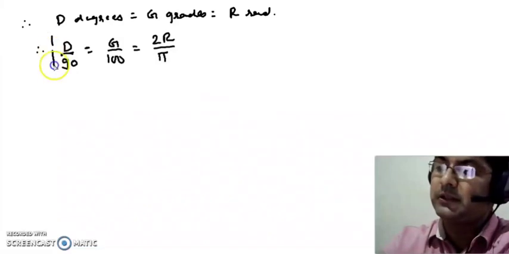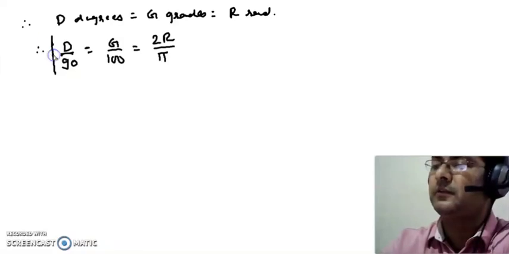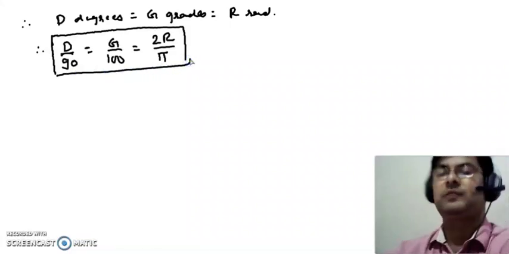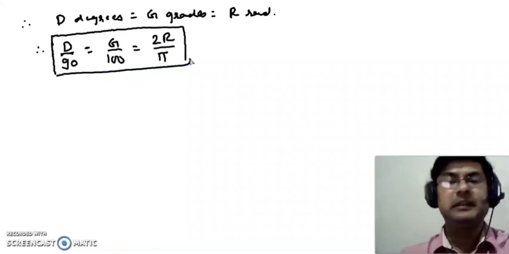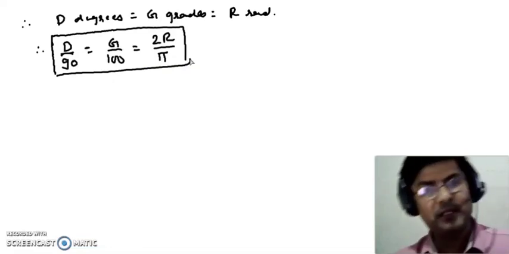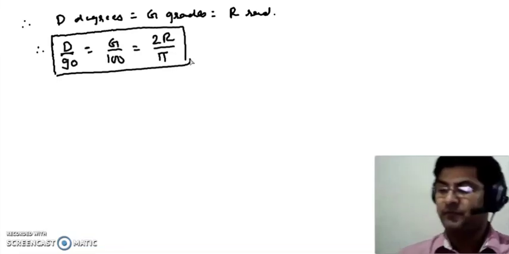Okay, now this relation is very helpful in converting one unit into the other. Suppose you want to convert degrees into grades, then we can use the relation D by 90 is equal to G by 100. Then put the value of D and calculate for G. Clear?